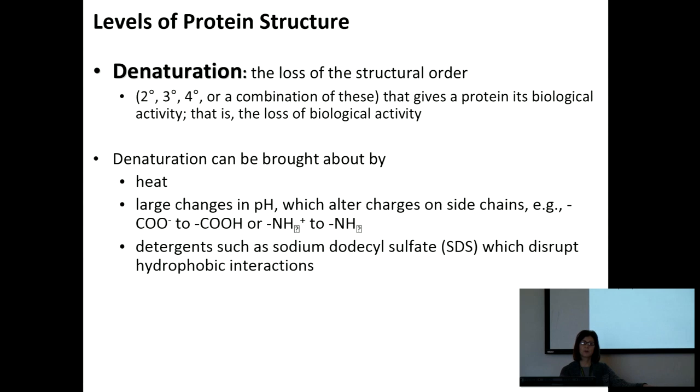Now, if we have the protein and it's folded up, fetal sort of position, all folded up nice in a nice little tight ball, then we're not really separating just on size, we're separating on shape. So when we want to separate just on size, we unfold the protein and then run it through this mesh of gel.